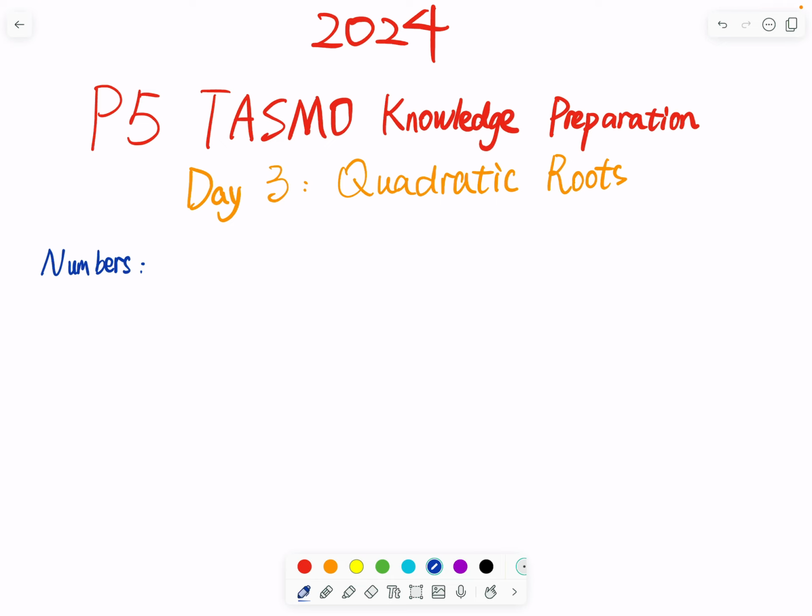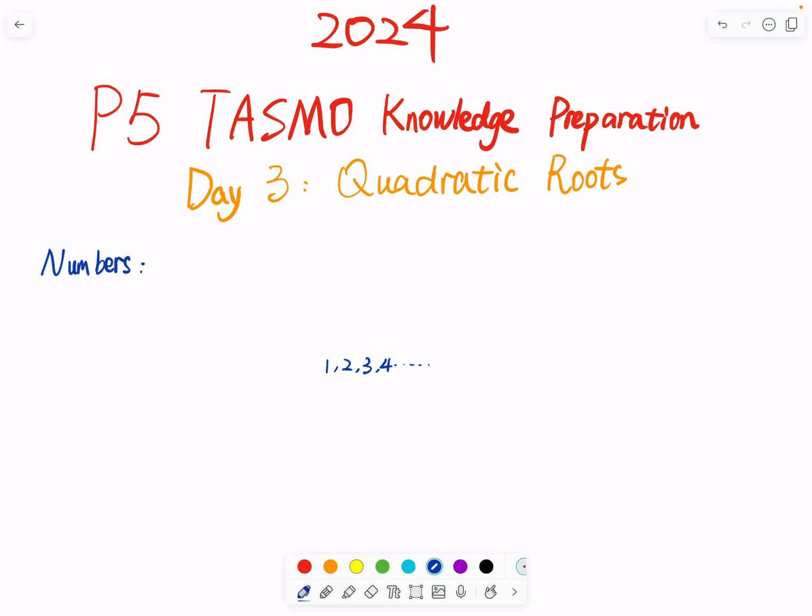When we talk about numbers, we have a very important thing. First, we may think all the things are about 1, 2, 3, 4, and so on. Maybe when you are only in P1 or P2, you just think we only have 1, 2, 3, 4, and so on, the integers, right?